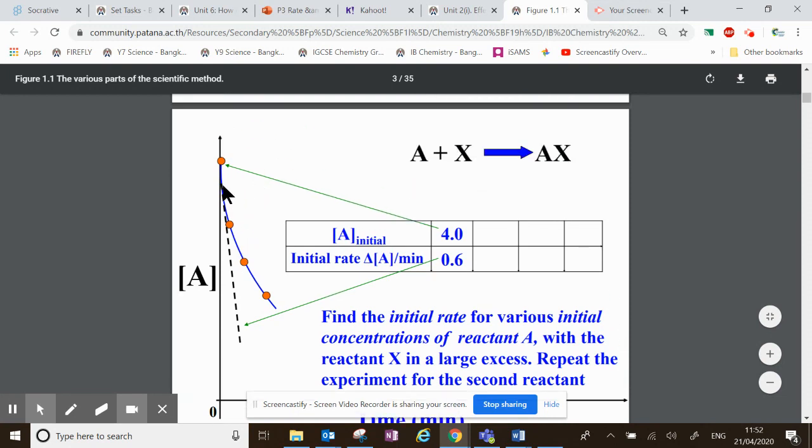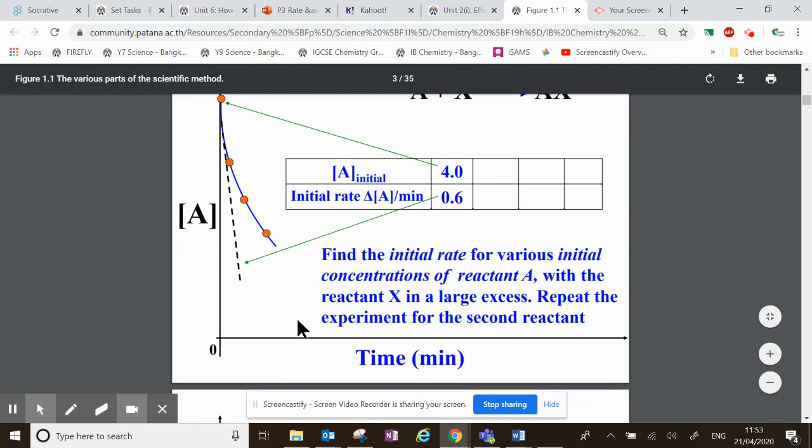Now, to get the gradient at the start, what we need to do is draw a tangent to the curve at the early part of the reaction, as close to the zero time as possible. So this dotted line here represents a straight line, a tangent, just touching the curve. We can easily then calculate from the straight line the change in concentration divided by the time taken.